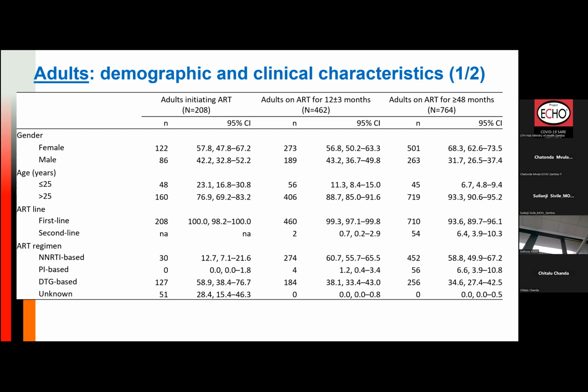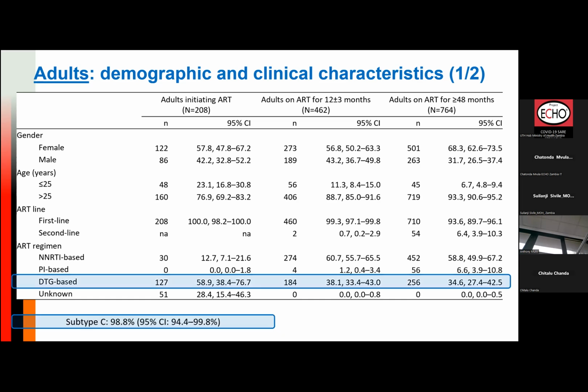A number of them were on first line, and a few were on second line, but a number of patients were on DTG-based regimen, you can see, especially for those contributing at 12 months and 48 months. So that is to note.